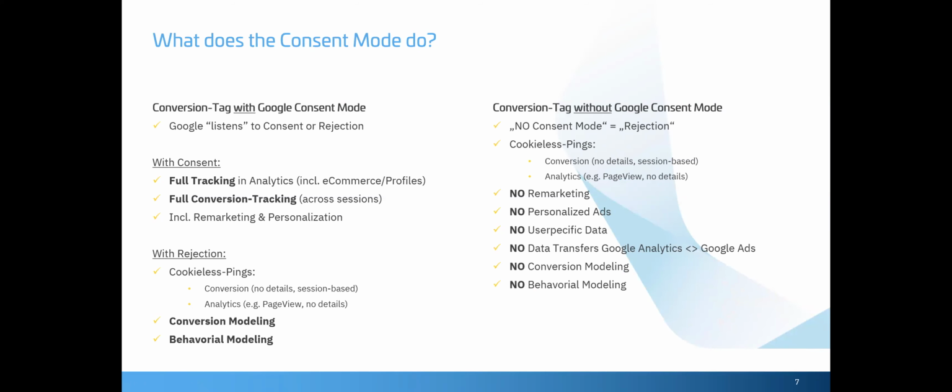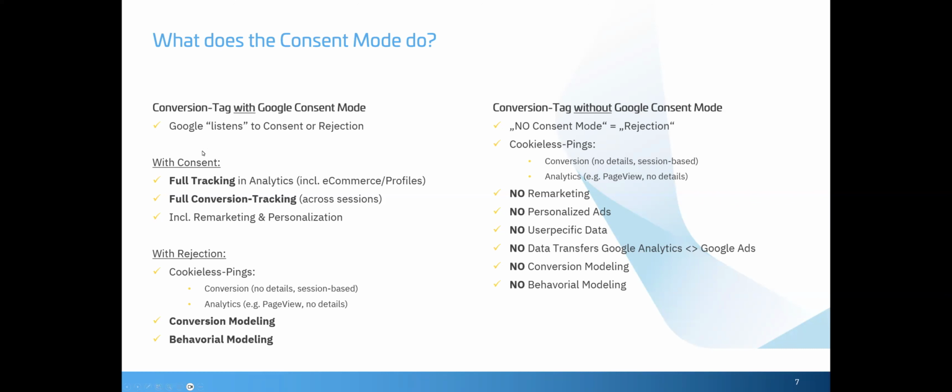What does the consent mode do? So there are two cases. The one case is you have a conversion tag, for example, on the website, and you have consent mode activated. What will happen is Google listens to whatever the consent mode is sending, so accept or reject.